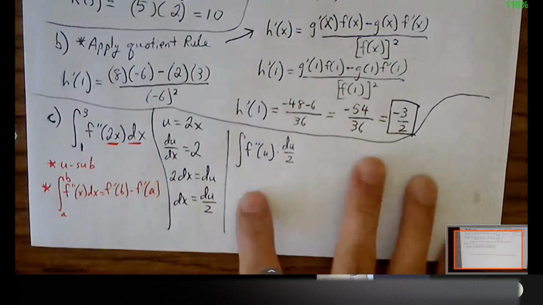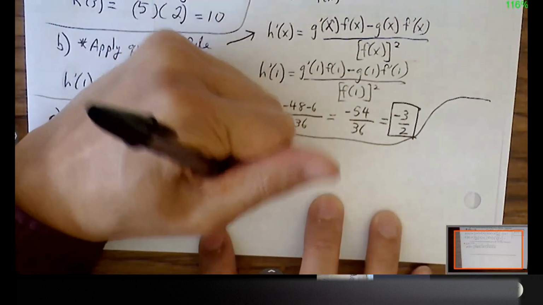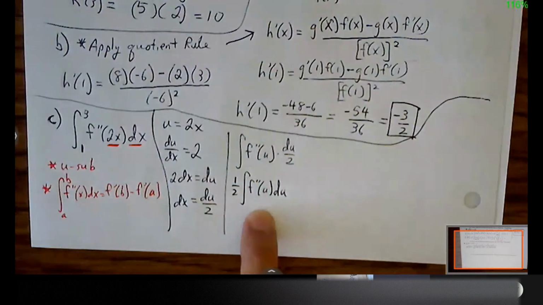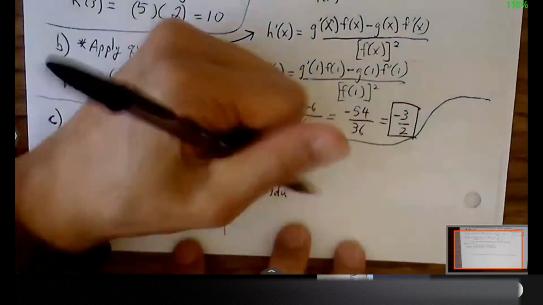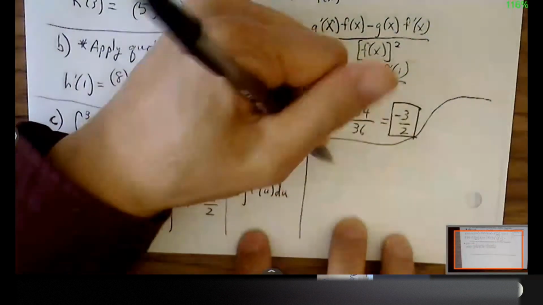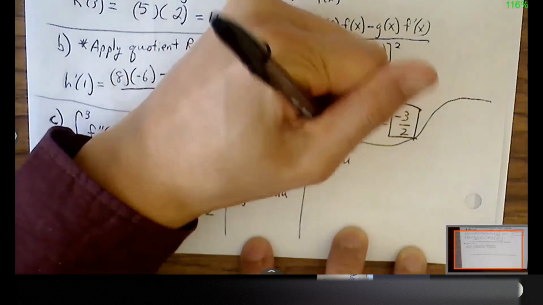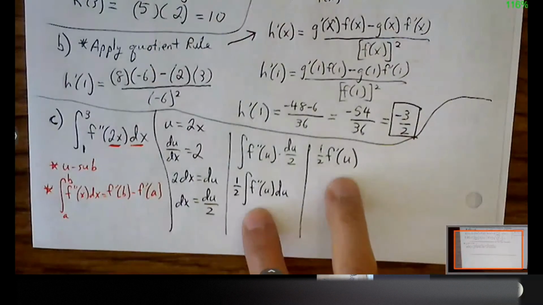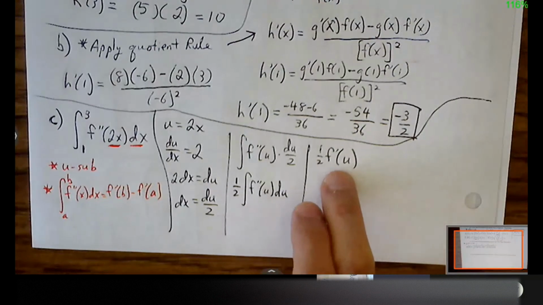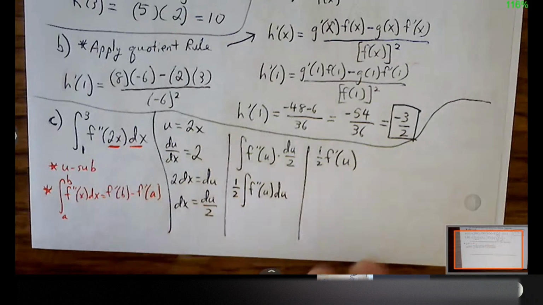Push that 2 out as a 1/2. Take the antiderivative, f double prime just becomes f prime. And once you have the antiderivative, if you want, maybe it's faster for some of you, just bring that back in terms of x, and then you can use the original bounds.